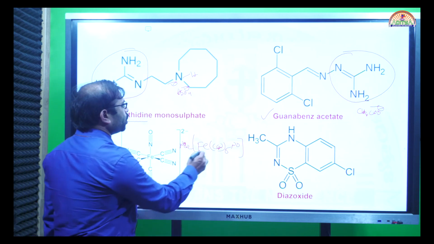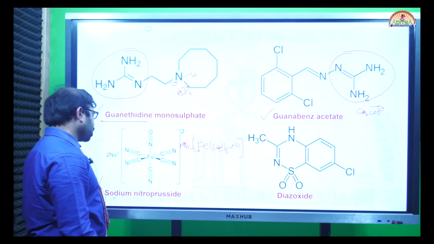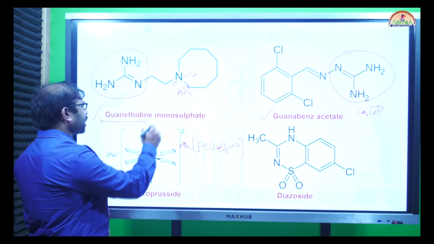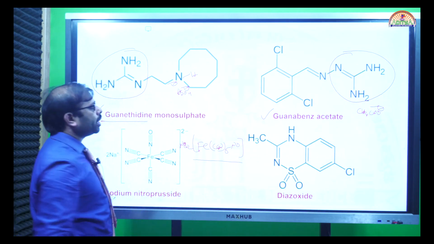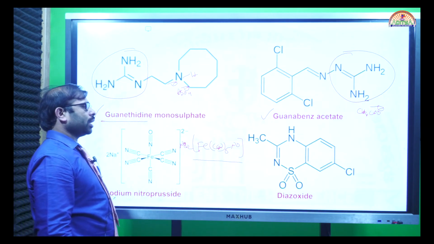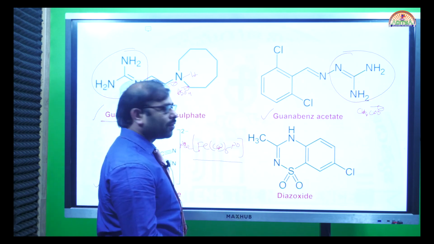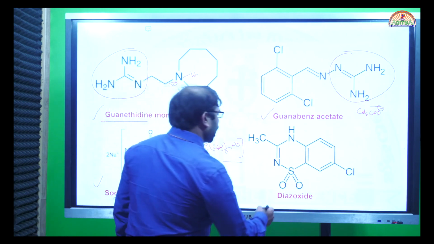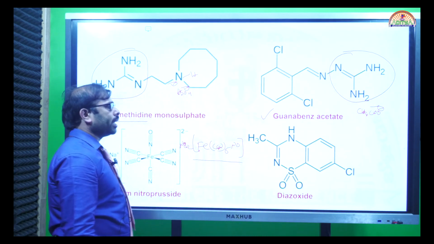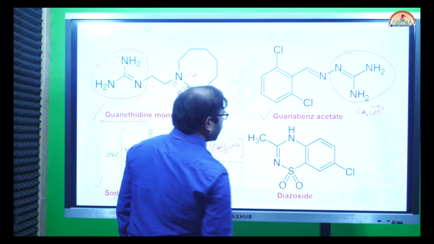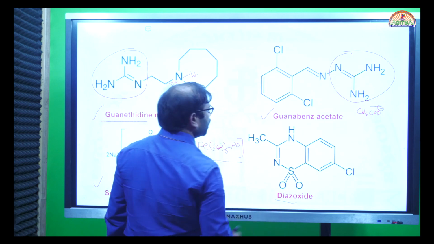Na2[Fe(CN)5NO] is sodium nitroprusside, and this is its exact structure. Another example given is diazoxide. Diazoxide is a diazo-type compound, and there is an oxide as well.